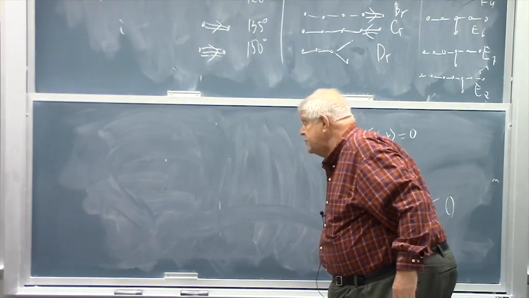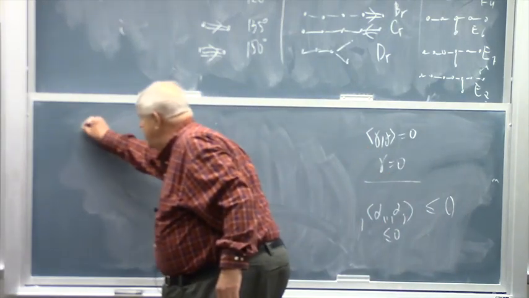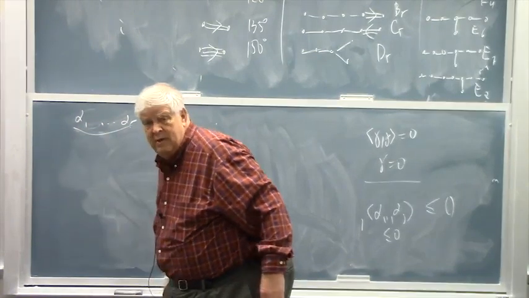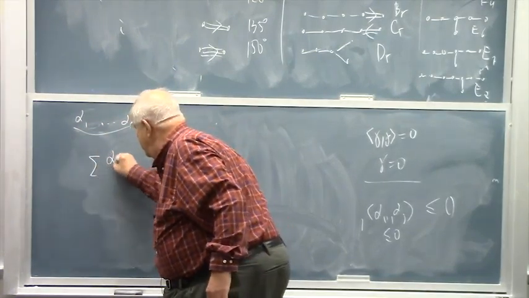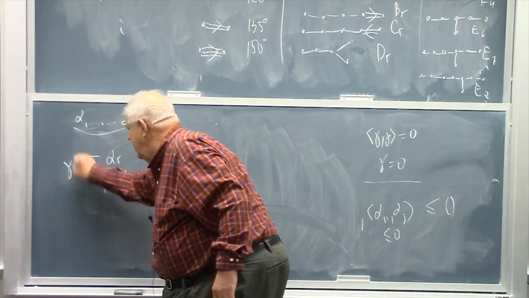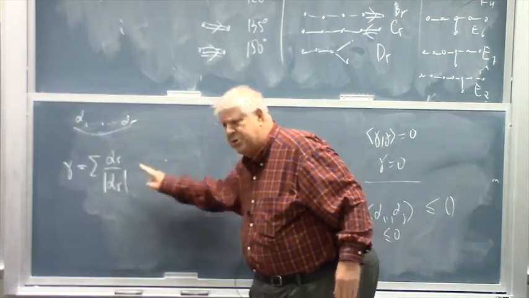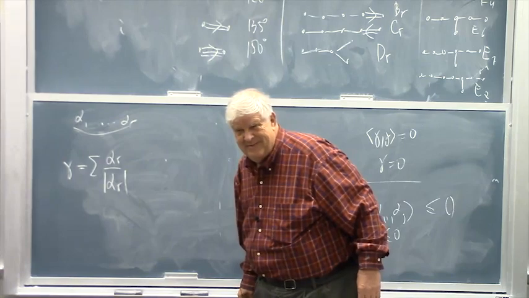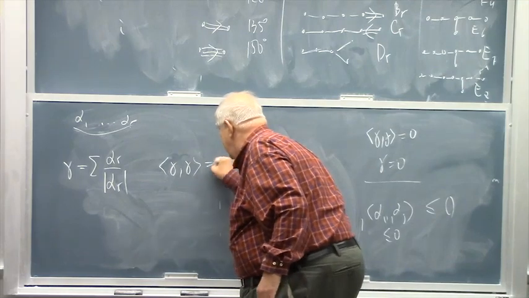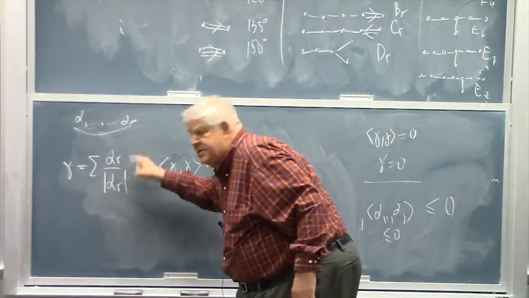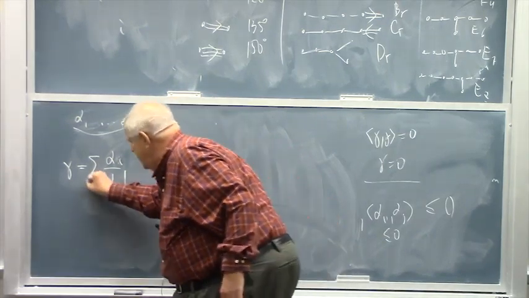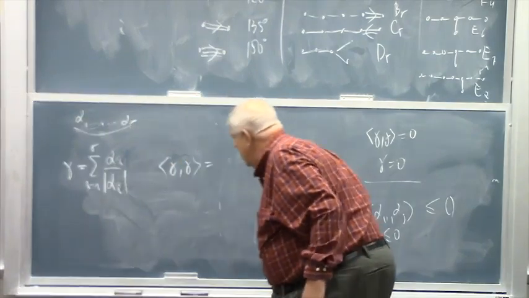First, let me consider alpha 1, ..., alpha r, which are my vectors. Let me do the following thing. The sum of alpha i divided by its length, i from 1 to r.